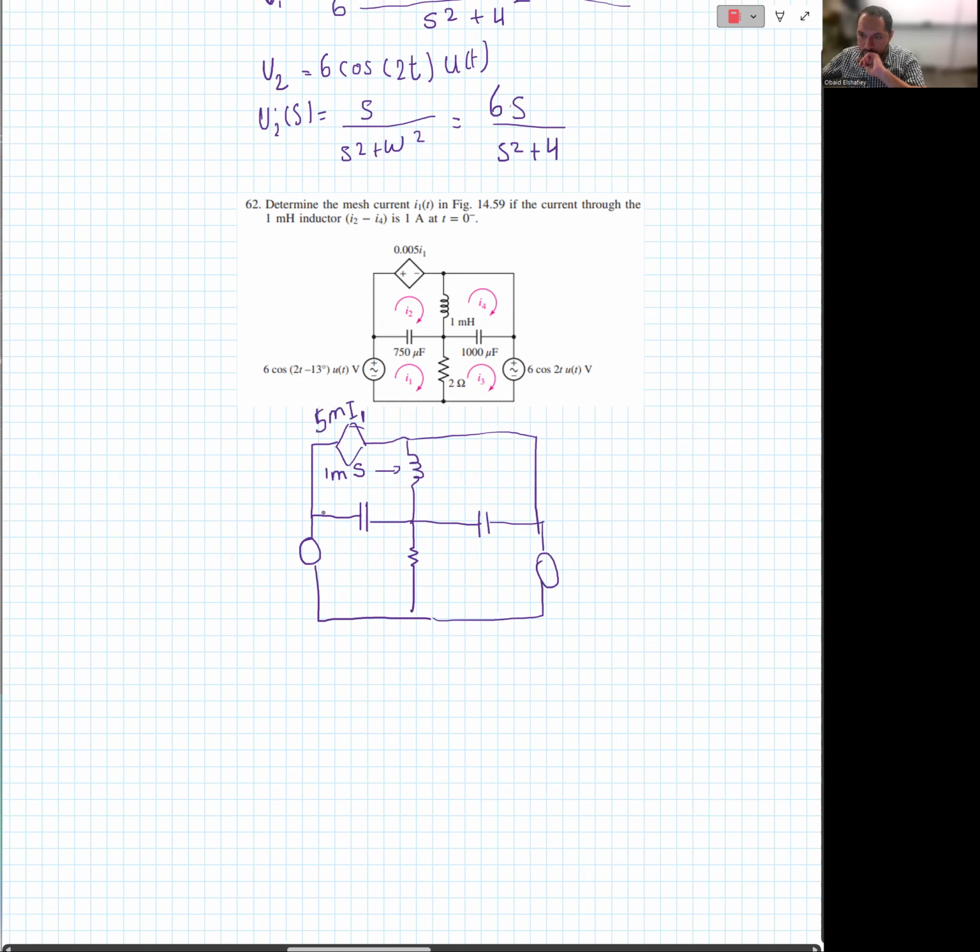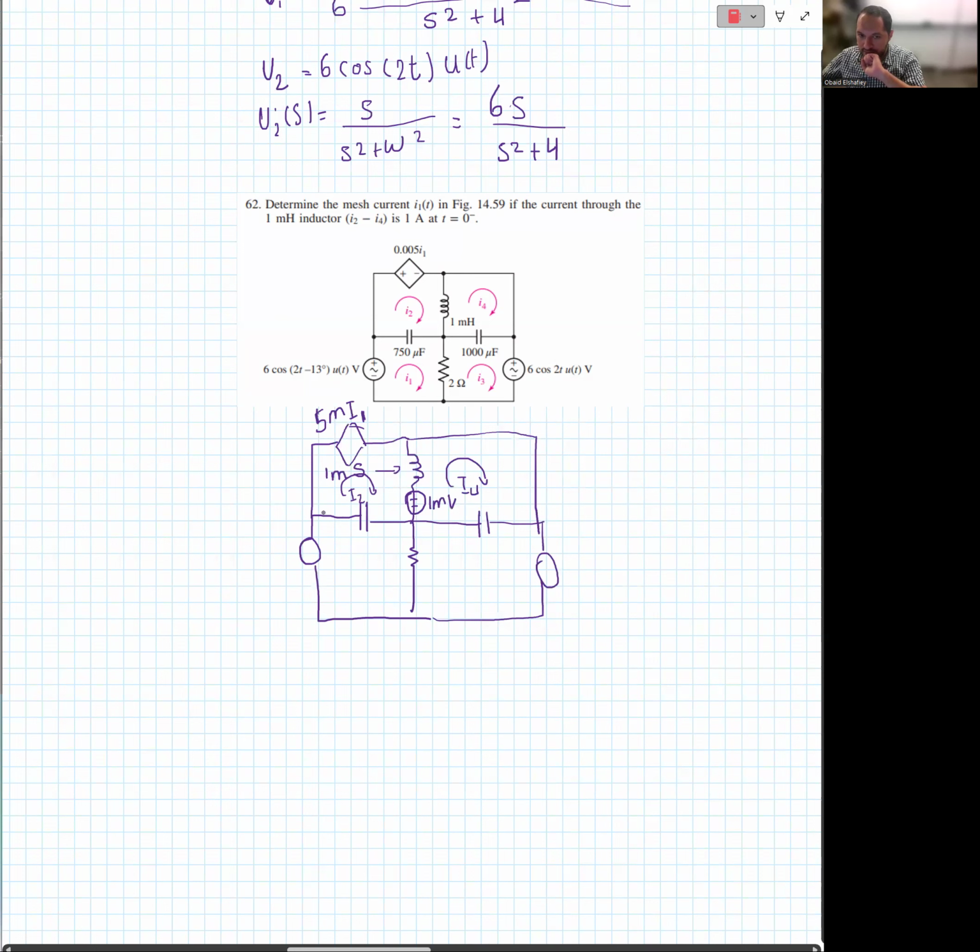This is I1, this is I2, I4, and there is a voltage source we shouldn't forget, negative positive with a 1 millivolt.